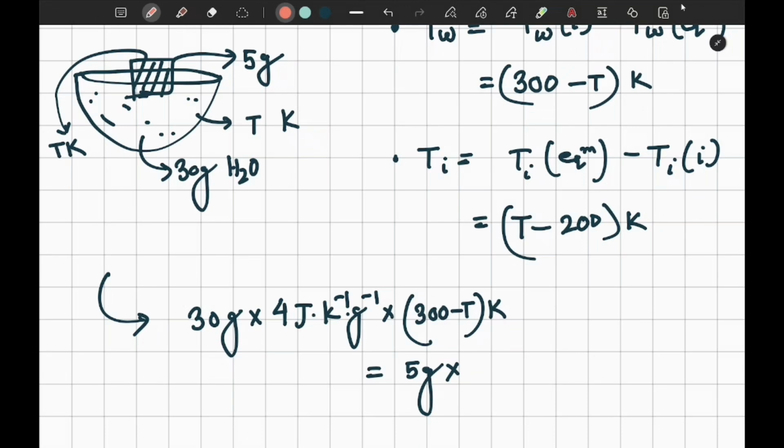If that is the case, then we have to find out the specific heat capacity of ice. What is the specific heat capacity of ice? I think it should be one. Oh, no, wait. That is 2.108 kilojoules per kilogram per Kelvin.